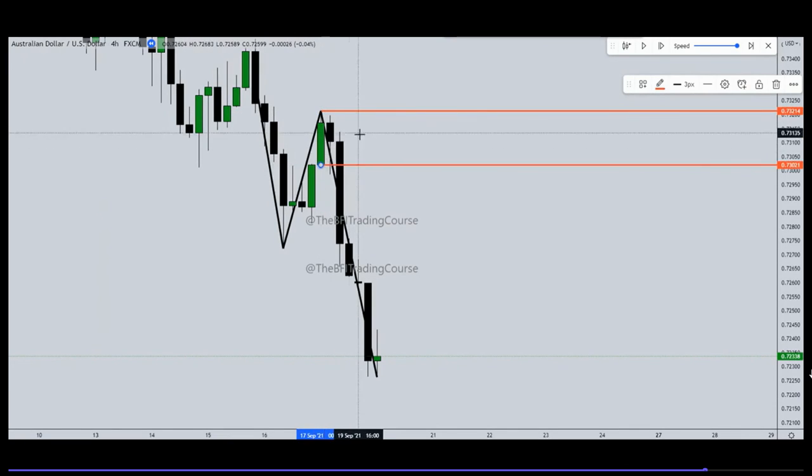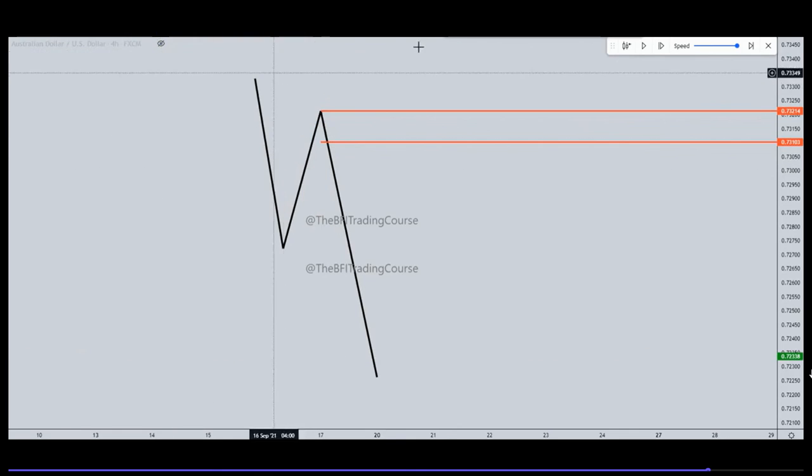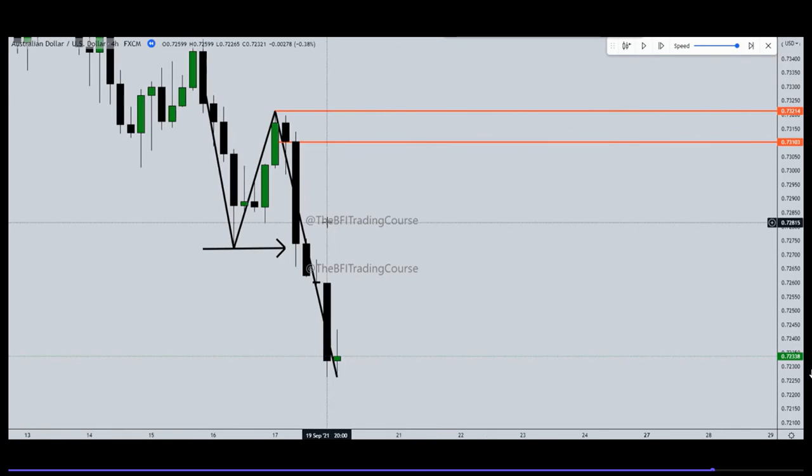If you want to draw it over here or like this, but this is a valid zone because it's a valid footprint. Now, how many previous structures did it break? Just one. Is it the strongest zone in the world? No, it's not. Okay, but it is a valid zone and a valid footprint.